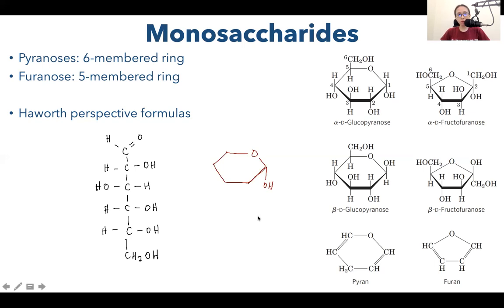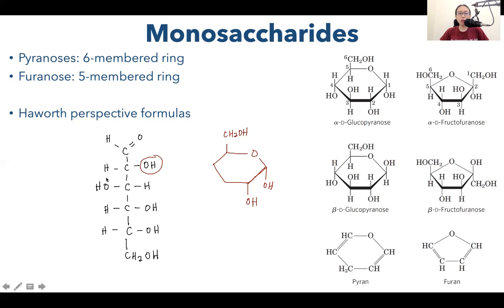For that one, we will be looking at carbon 5. If it is the D isomer, then we draw it by placing carbon 6 above the plane of the ring. And now, the final rule is that if in the Fischer projection formula your OH is found on the right side, then it should be below the plane of the ring.